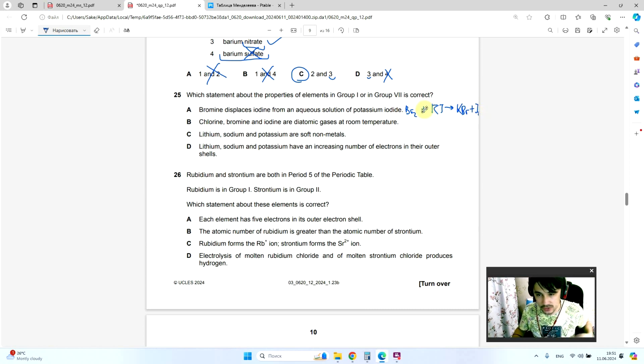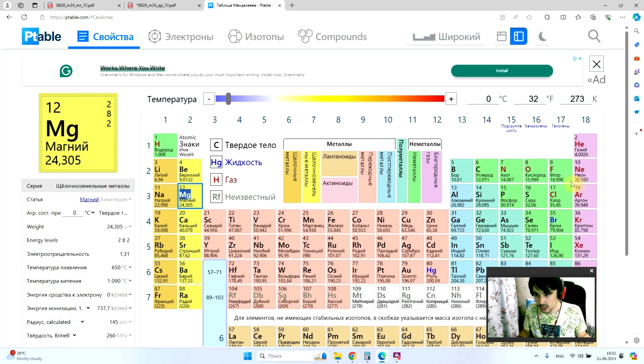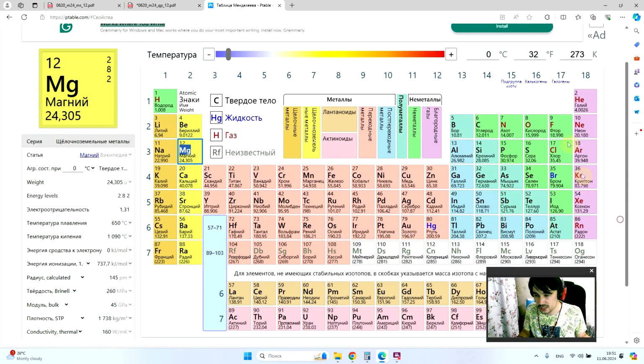In order to answer that question, you need to remember properties of group 7 elements, especially reactivities. Down the group, reactivity decreases. So it means that these halogens are the most reactive and they can replace other halogen ions from their compounds.